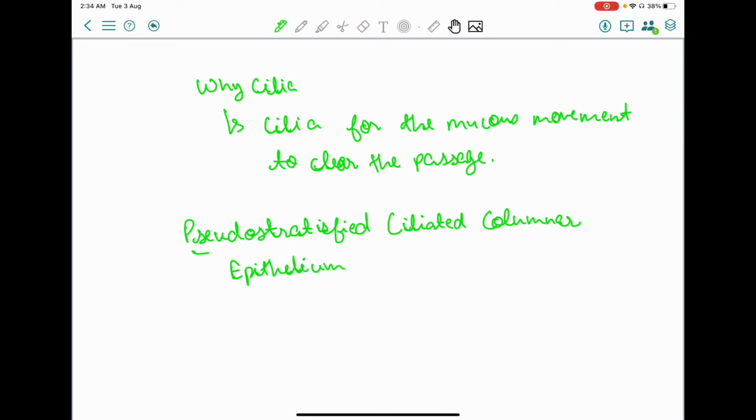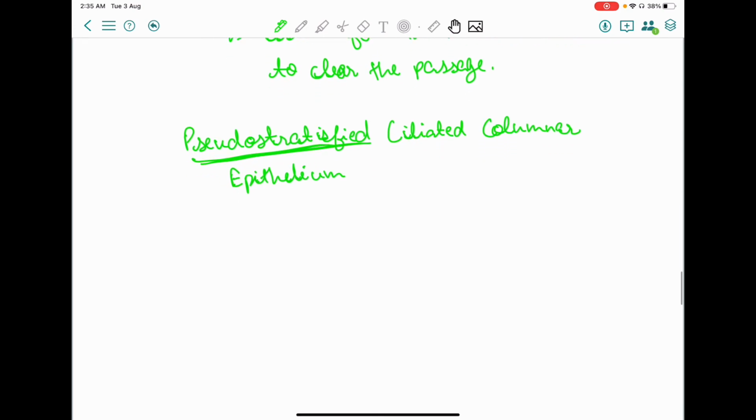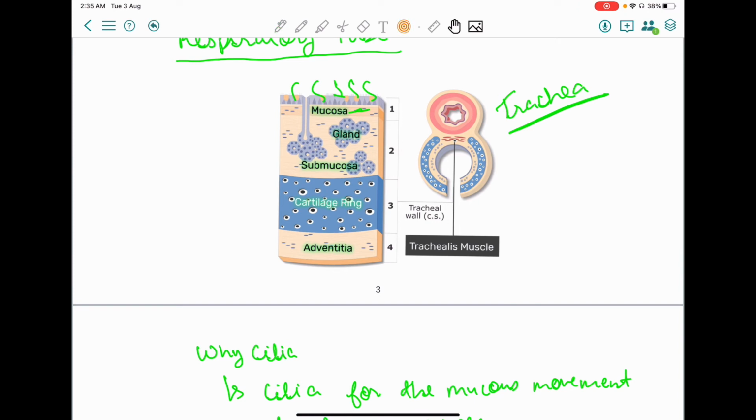What is this pseudostratified? I'm going to talk to you about this later. And then there is mucosa and submucosa, and glands are there which produce mucus.